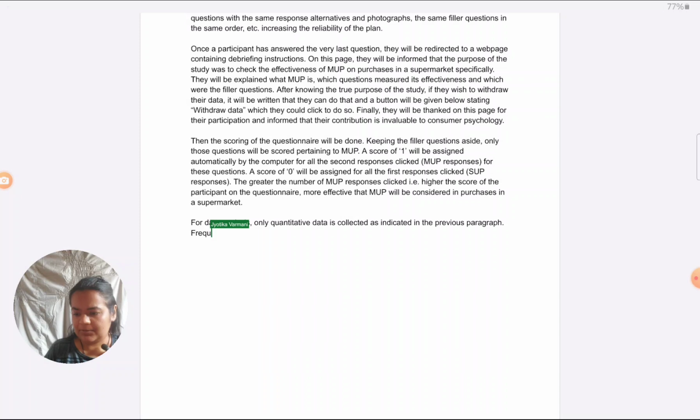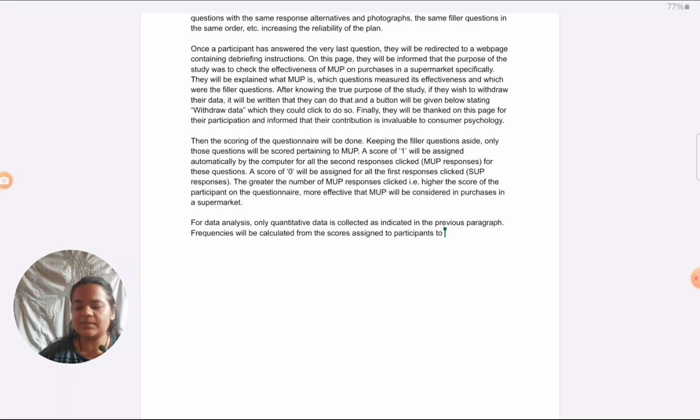Frequencies will be calculated from the scores assigned to participants. So frequency is my descriptive statistic, and further I can convert it to percentage. See, this is not an experiment. So calculating means or medians and comparing across groups, there are no groups to compare. So the best thing is to restrict it to frequencies and percentages.